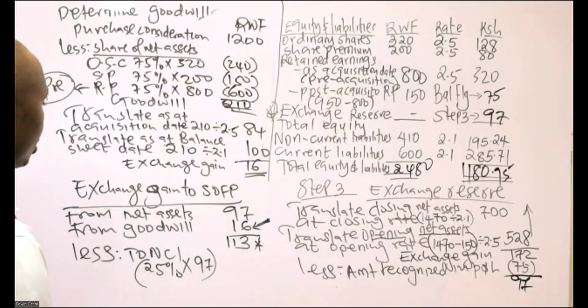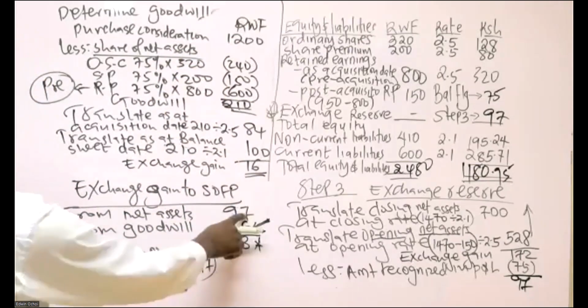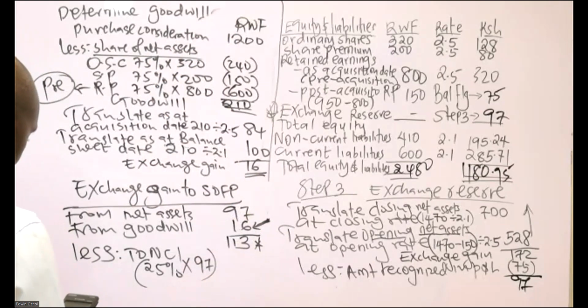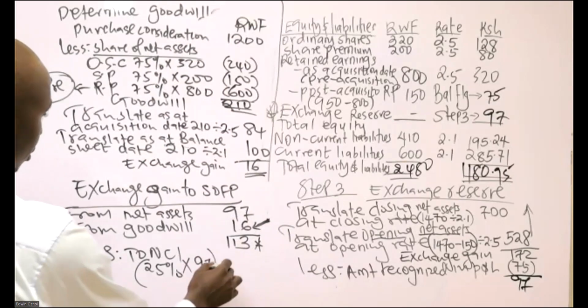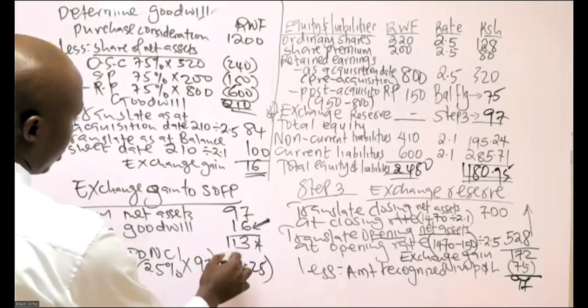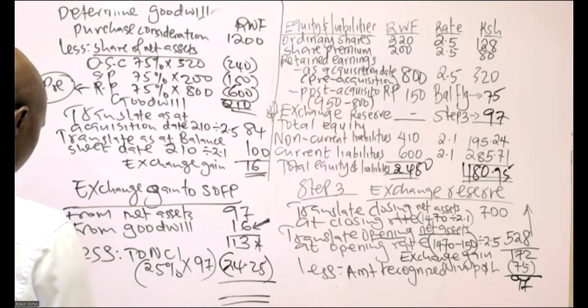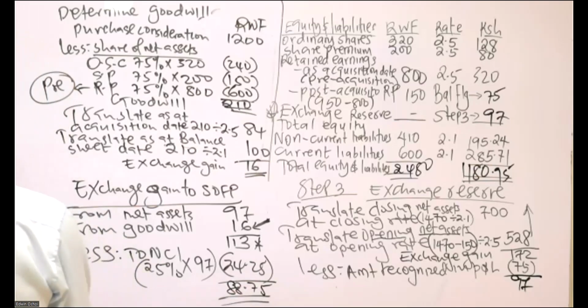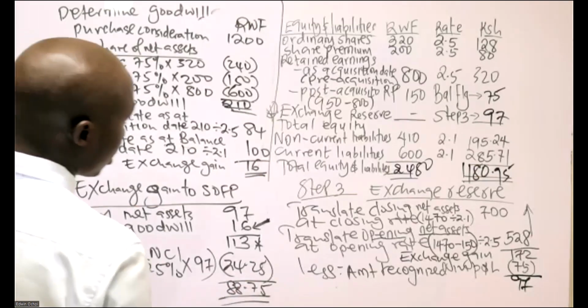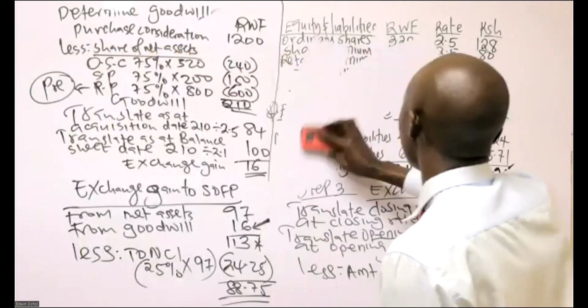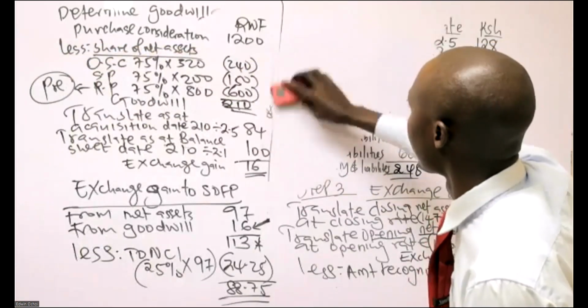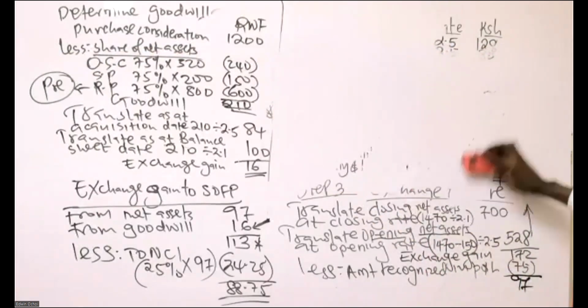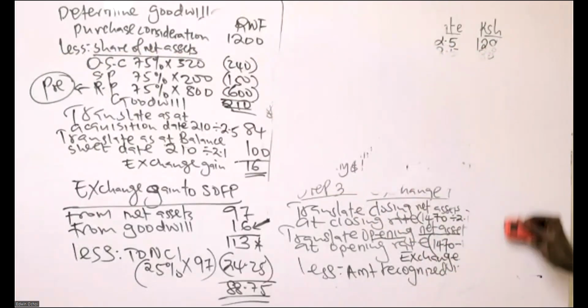That is why I'm using 97, not the total. That is 24.25, so that is what you deduct. 113 minus 24.25 is 88.75. So all of these were workings. That is how foreign currency takes a lot of time. So now I can go ahead and do what is required by the examiner.